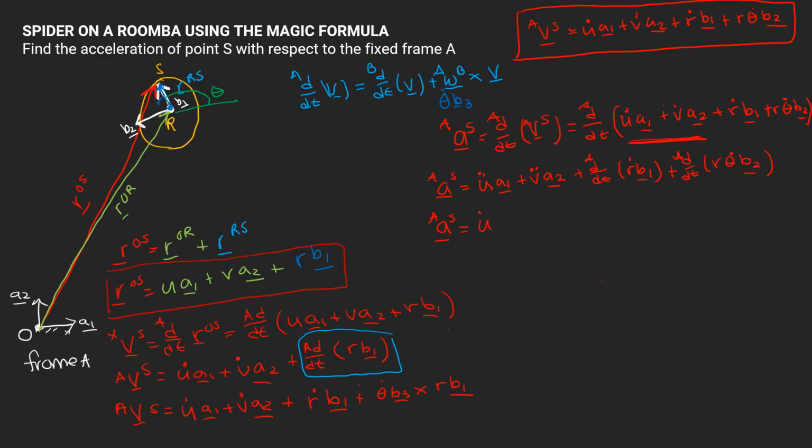So, just rewriting this out again, u double dot a1, v double dot a2. All right, this first term, I'll just write all of it out.